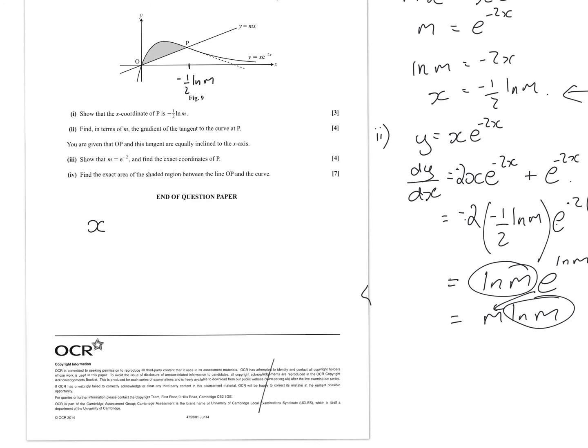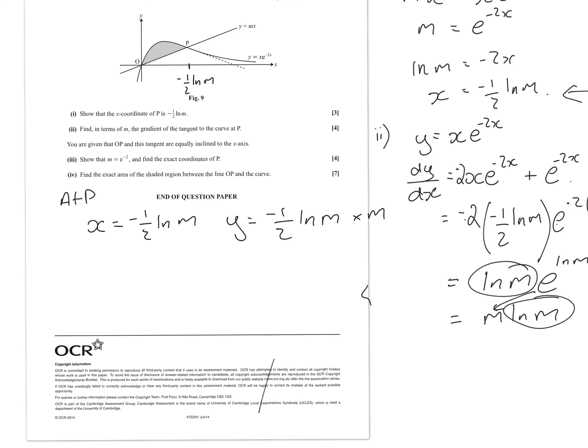So the x coordinate is minus a half ln m, and y equals minus a half ln m times e to the power of minus 2. Can I take us back a stage? You're right, times m.